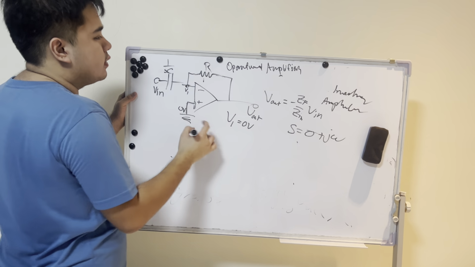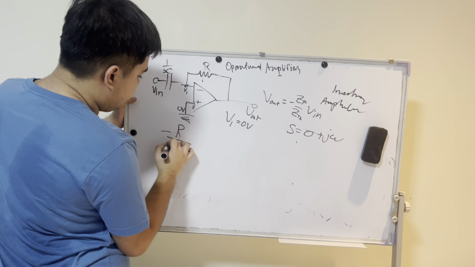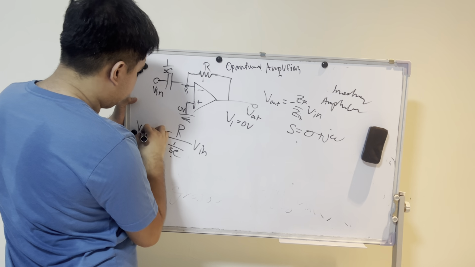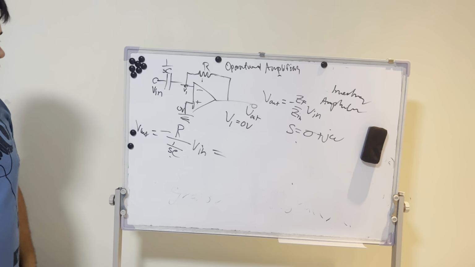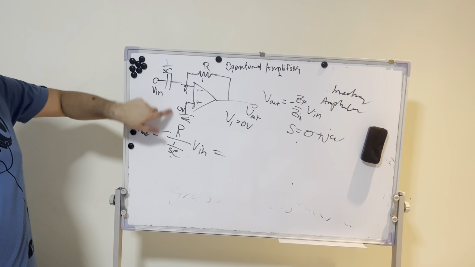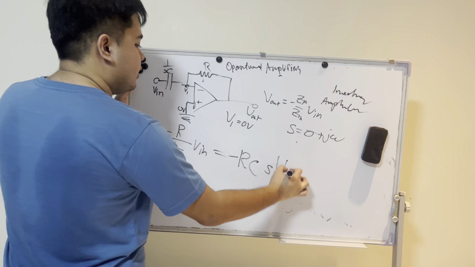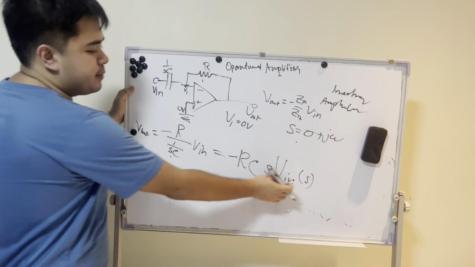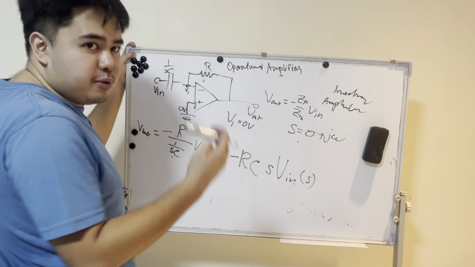So negative R over 1 over SC, V in, that's V out. So this can go up, negative RC, S V in of S. S times V in of S, that sounds like a derivative in the time domain, right?